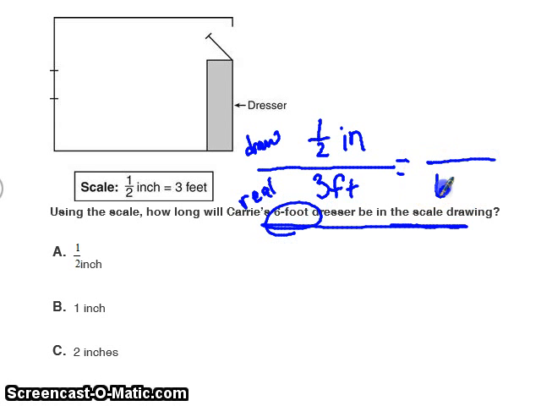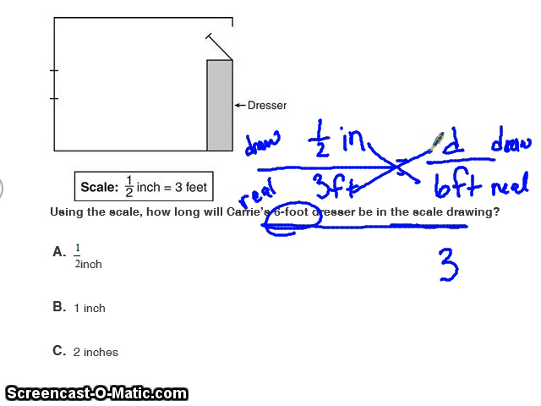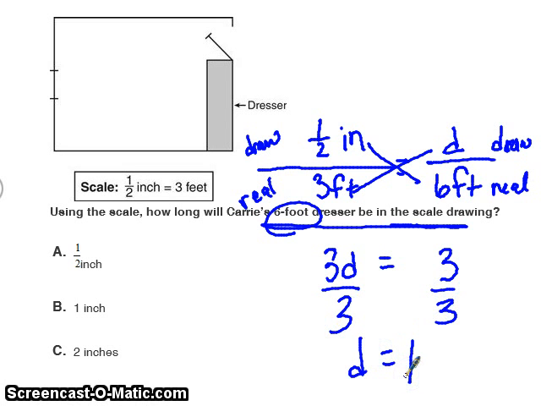That is in reality. And we're talking about how big does Carrie need to make it in her drawing, okay? The dresser. So 1/2 times 6 is 3, and 3 times D is 3D. Divide both sides by 3. D is equal to 1. 1 inch looks good.